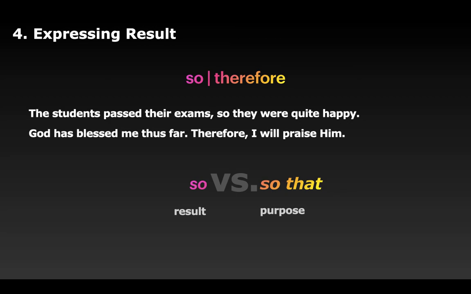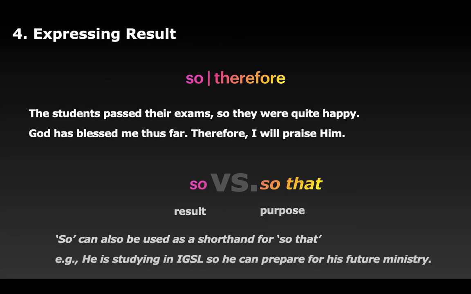Okay, I think the confusion comes from the fact that, I'll be confusing you a little bit. So can also be used as a shorthand for so that. Yeah, we can see that in speaking and we can also see that in writing. So can act as a purpose also. We also use it to talk about purpose.